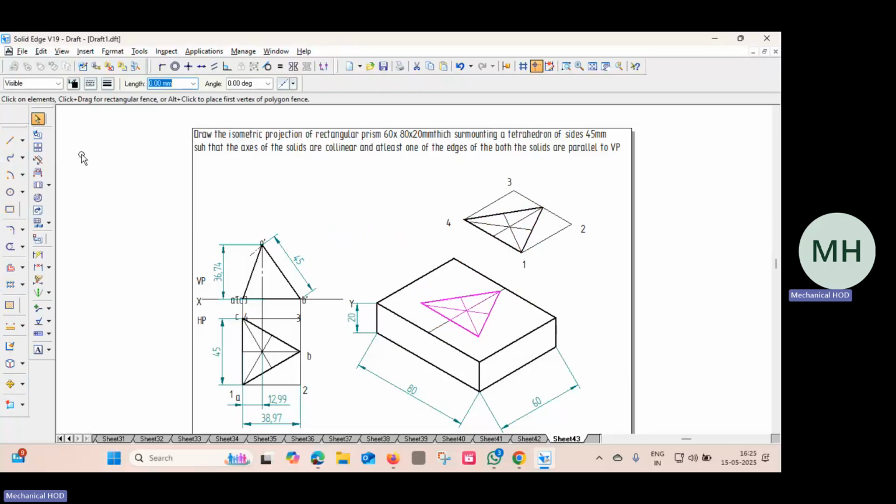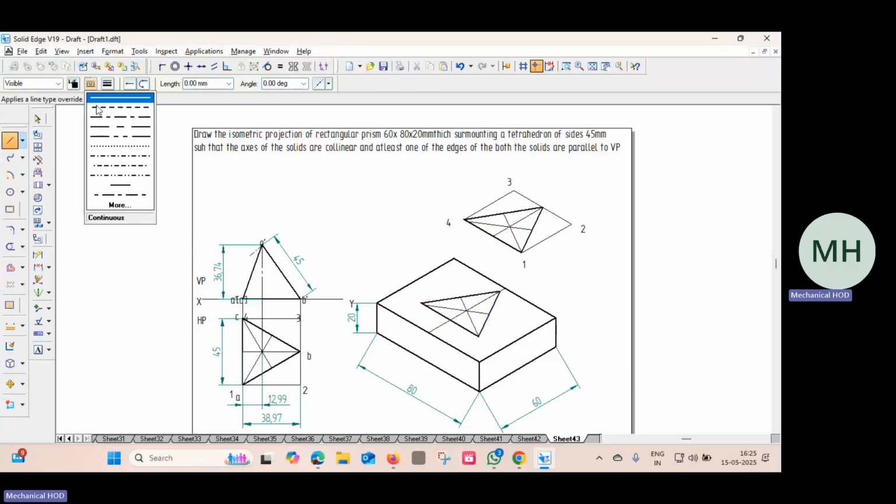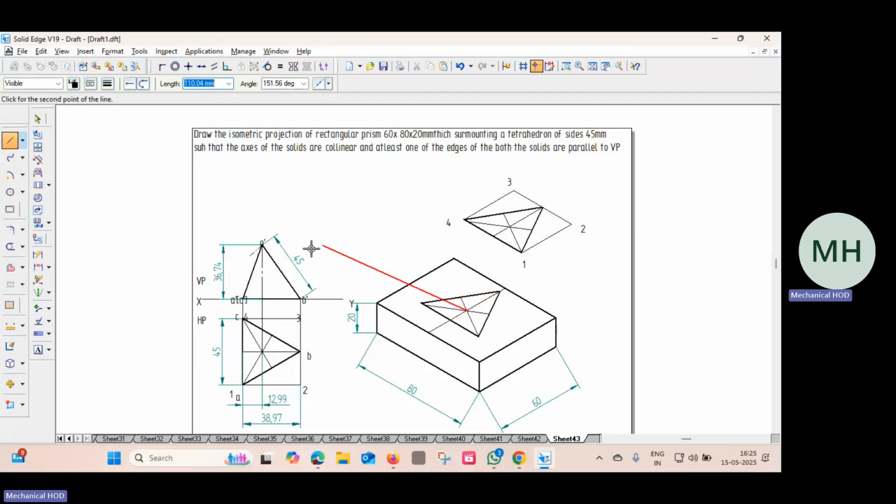Then come out and right click, then go to line command, take a chain line, 0.13 is the line width. From the point of intersection of the center of the triangle, draw the axis. Axis height is equal to 36.74, vertical height 36.74, and angle is 90 degree.